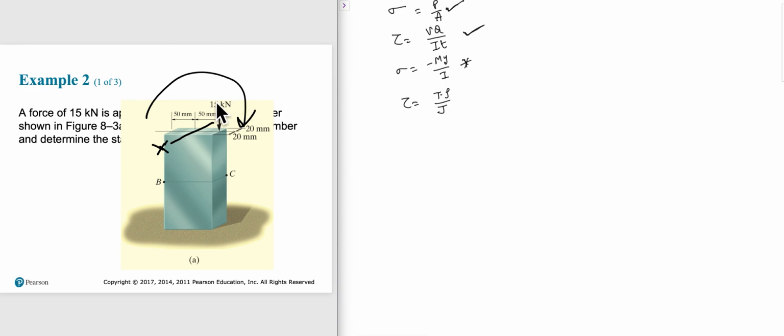So we have to also take that into effect. That means if you see this problem, isn't it a combination of a normal force, 15 kilonewton, which is basically this P over A, sigma equal to P over A, right? And isn't it also sigma equal to My over I? Isn't it both?